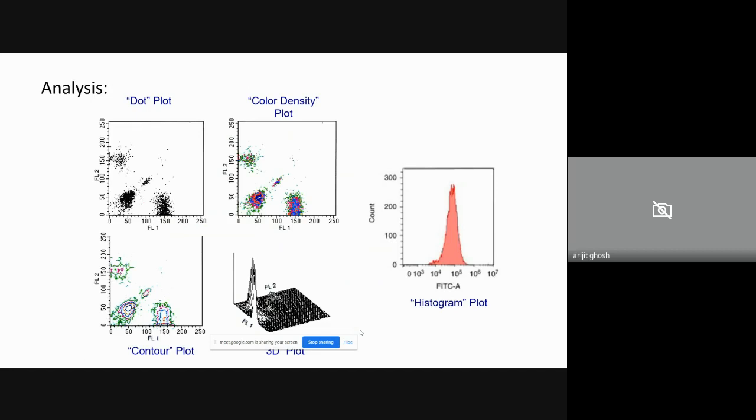There are also color density plots, where the color is determined by the concentration of the dots in that particular population, like in a dense population there is one color, and when the population becomes lighter, the color is different.